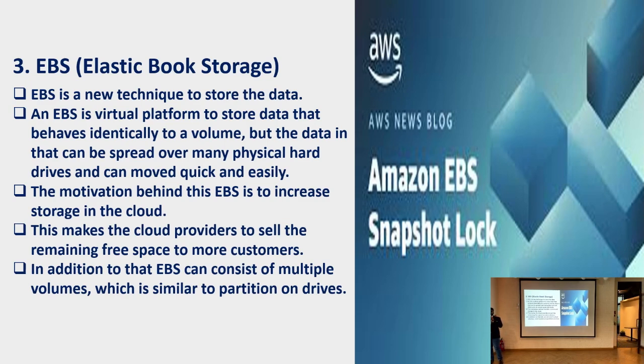It will be fully occupied by the customers or clients. This lets cloud providers sell the remaining free space to more customers. In addition, EBS can consist of multiple volumes, which is similar to a partition. As I said, instead of using the entire 500 GB, he will divide the entire hard disk space into small partitions and distribute that allocated space to more and more customers. So we will move to the next one.